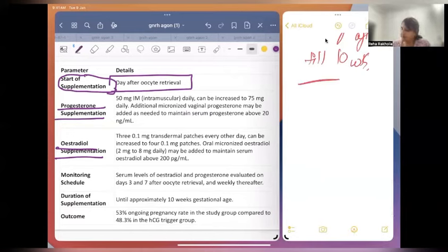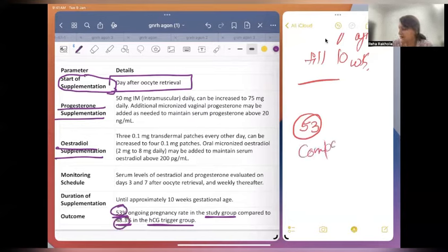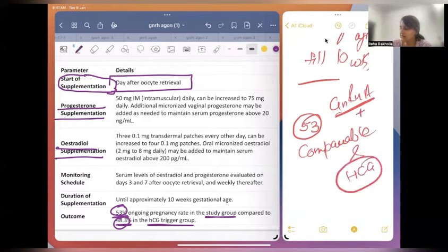After doing all this, they saw the outcome was 53% ongoing pregnancy rate in the study group compared to 58.3% in the HCG trigger group. It means it was comparable in both groups: GnRH agonist plus intensive luteal phase support, and the HCG group.